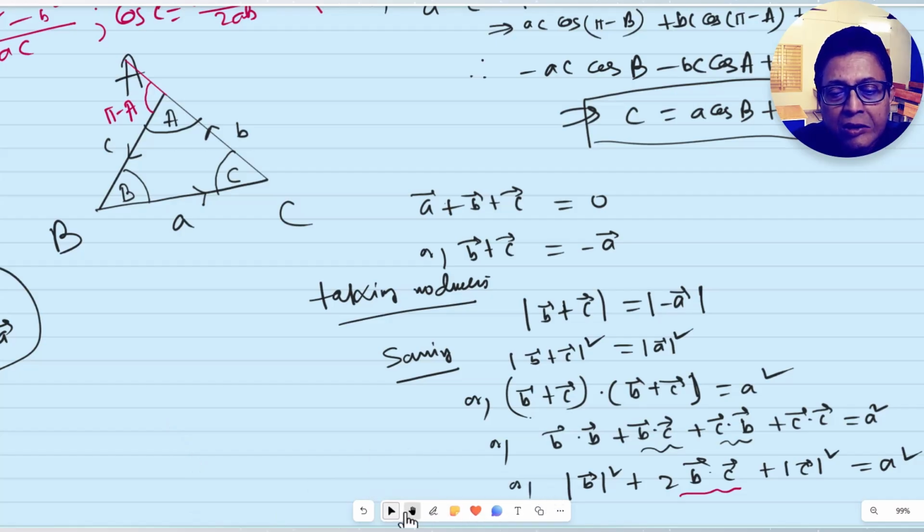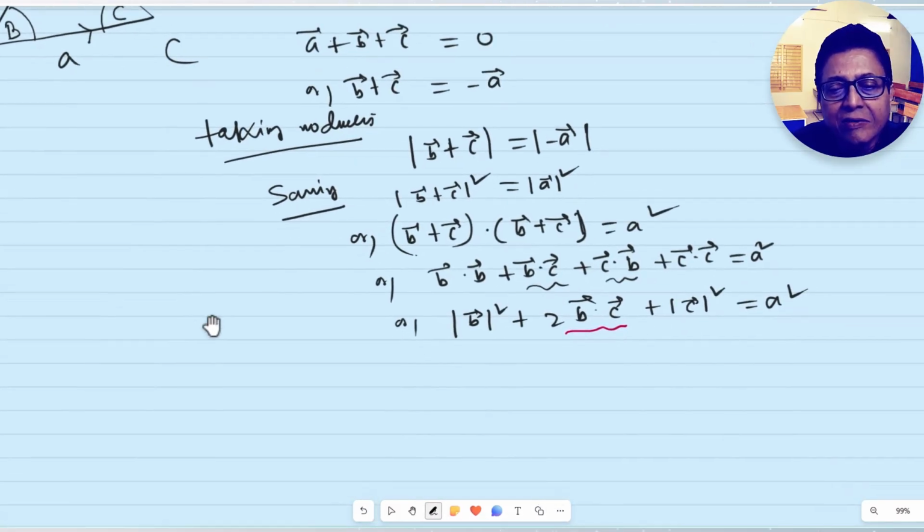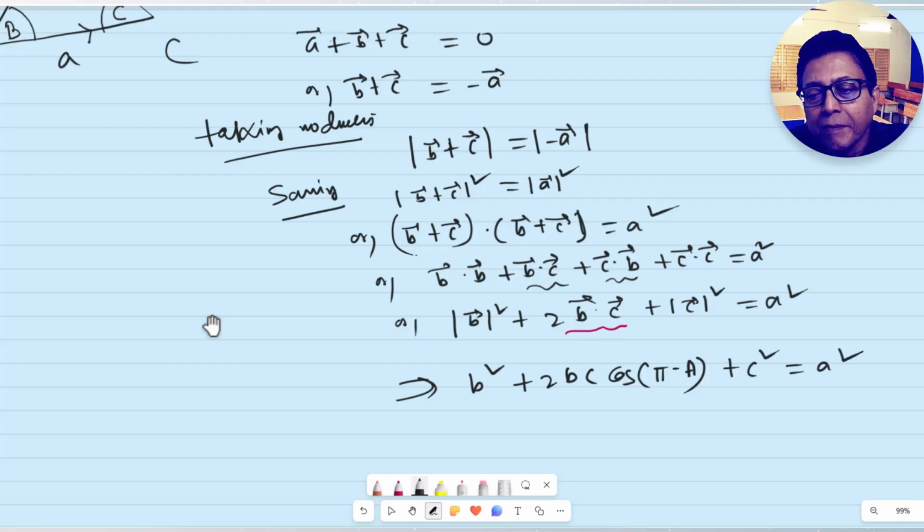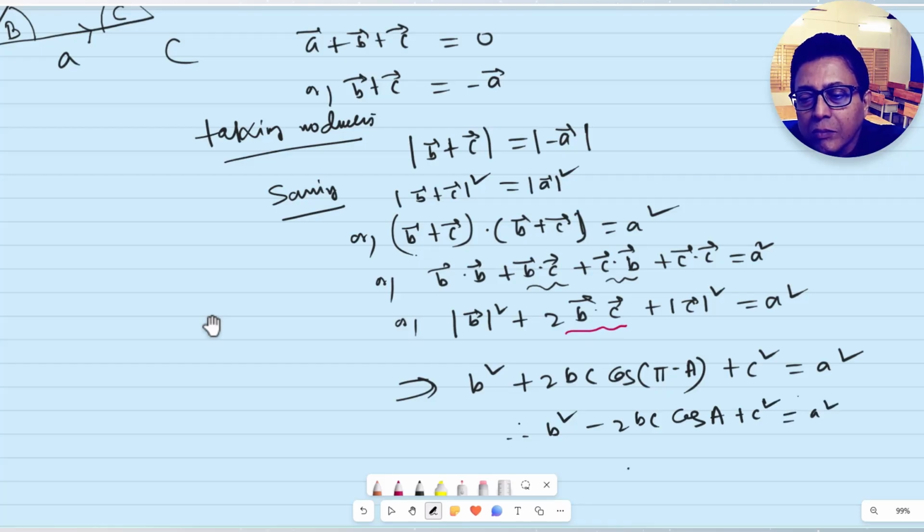So you write this as mod B squared, which is B squared, plus twice BC cos of pi minus A, plus C squared. Minus twice BC cos A, you are getting B squared plus C squared minus A squared.